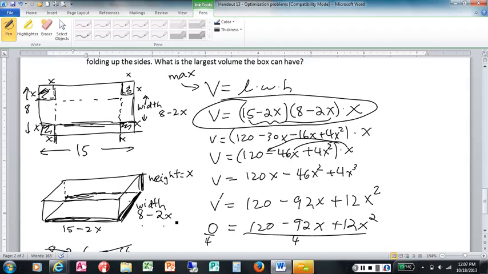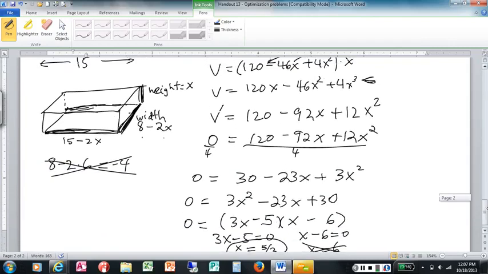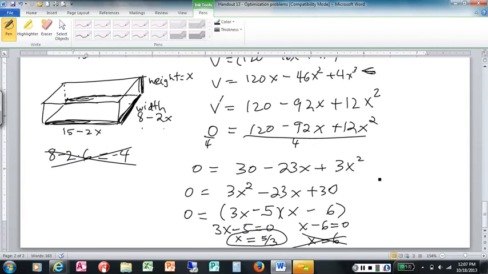So the maximum volume, if you want to do it length times width times height, go to that one, or you could plug it in here too. So the maximum volume, plug in x to be 5/3. I guess I'll go right here, since I can see it on my screen. Okay, so the maximum volume with x is 5/3.